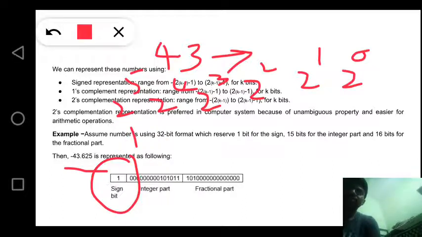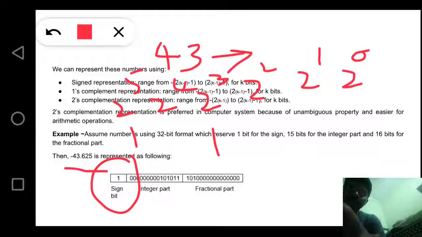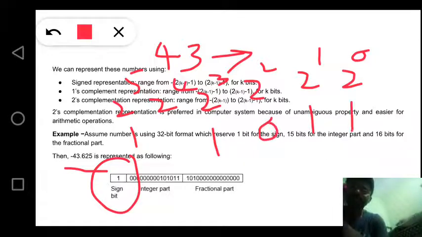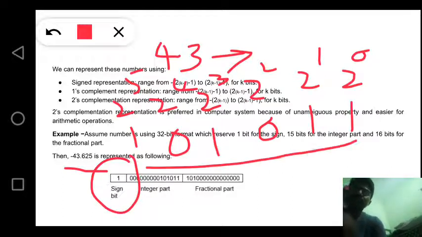So 43 minus 32 is 11. So 11 means under 8 you can place 1. So this is the representation: 101011.